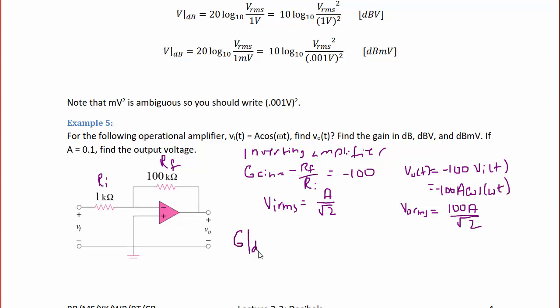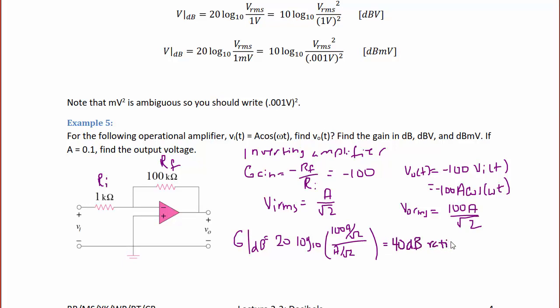And the gain in decibels we can write as 20 log base 10 of the ratio of the voltage output to the voltage input. So that's 100A over the square root of 2 divided by A over the square root of 2, which equals 40 decibels.